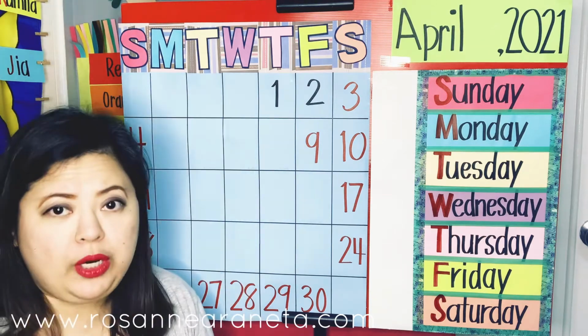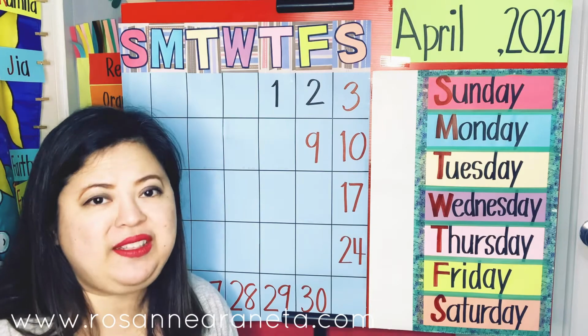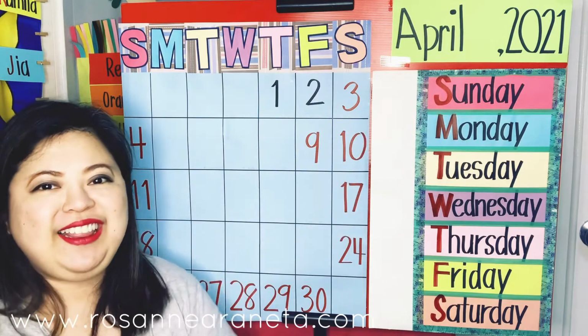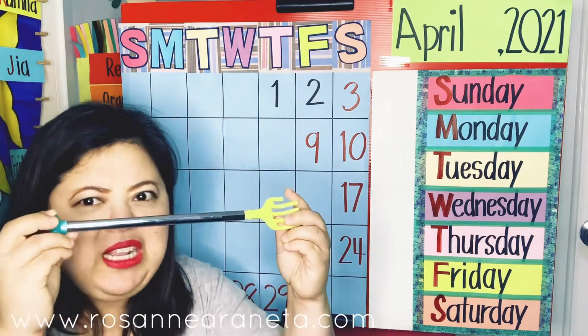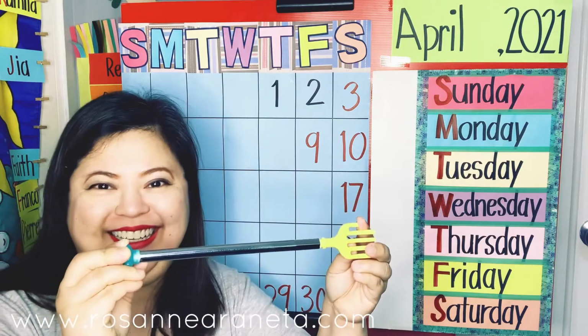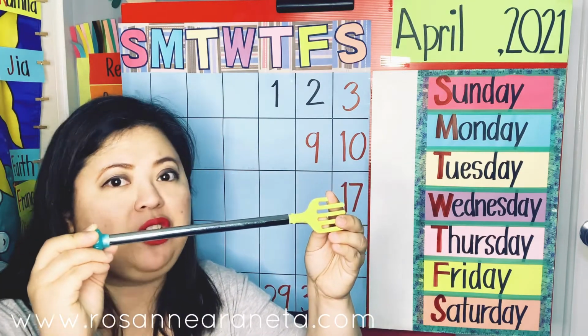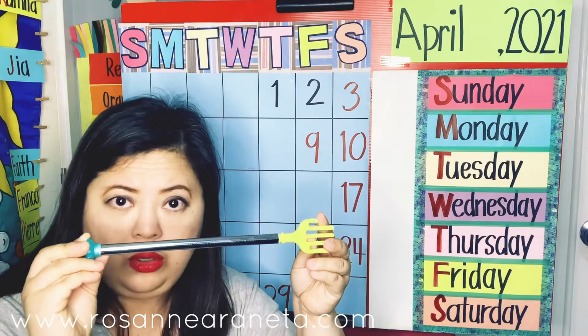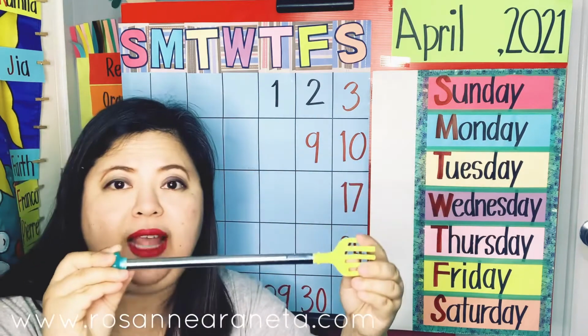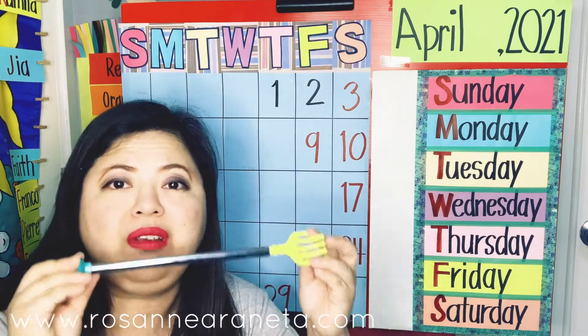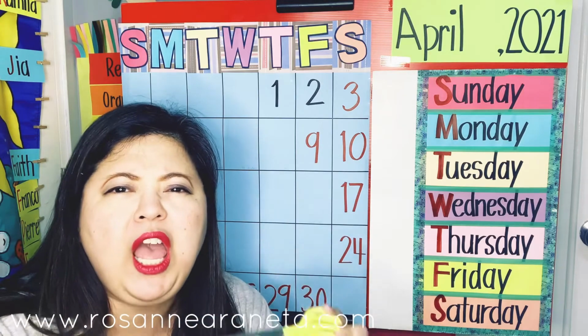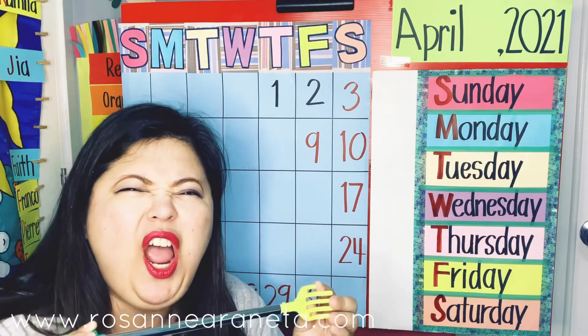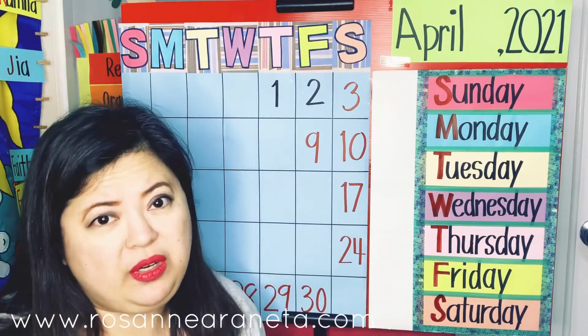Yay! In order to count how many days have passed this month of April, let us use my magic back scratcher. This magic back scratcher only becomes long or longer than what you see right now if you shout out loud, "Abracadabra!" You cannot just say abracadabra.